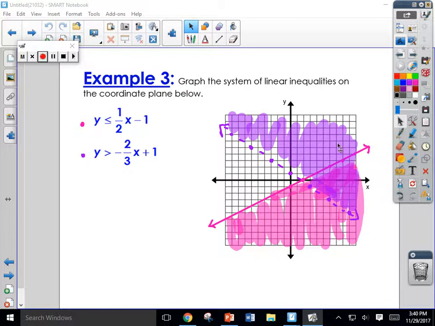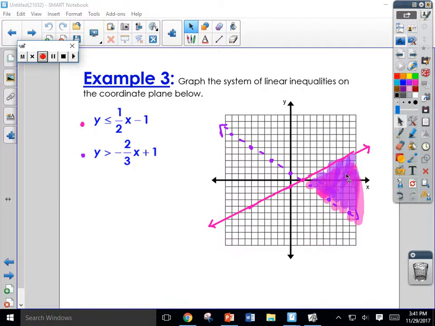So that means all of this stuff right here is not an actual solution. So my final answer would look like this. And my solutions would just be what's on this solid pink line from here to here, all the way up here through infinity, and above this dashed line, not actually on it. So that'd be the solution to the system.